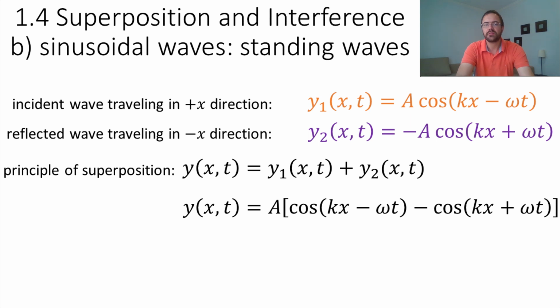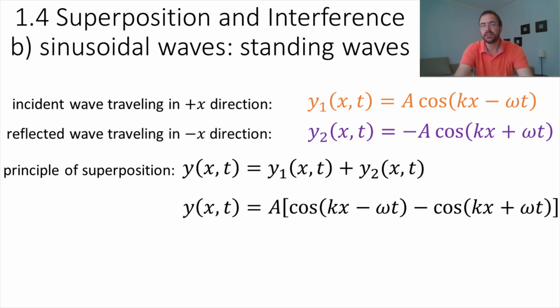Now remember that this is not the only possibility. Depending on initial conditions or initial position, you could have a sine function, or you could have an additional phase shift φ, so that it would be cos(kx − ωt + φ).